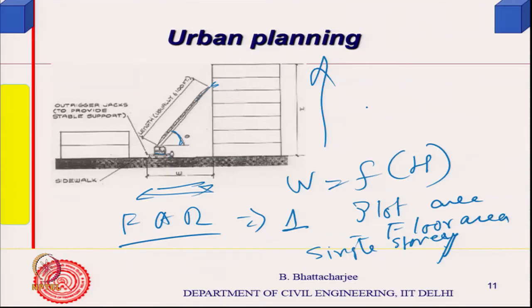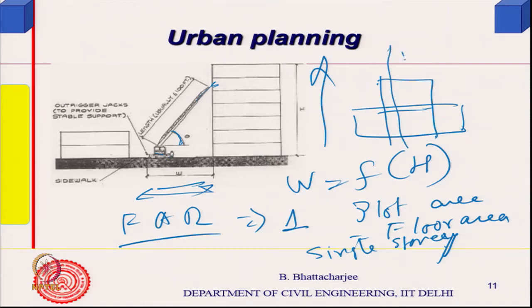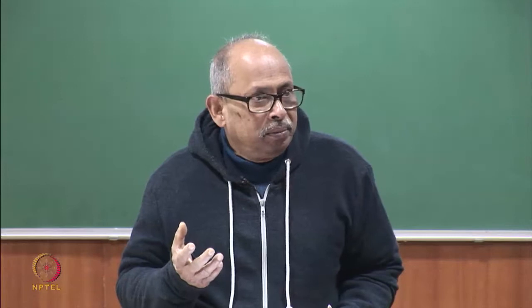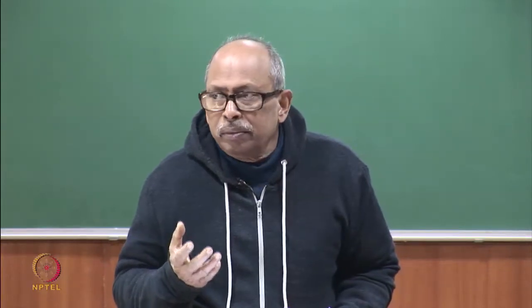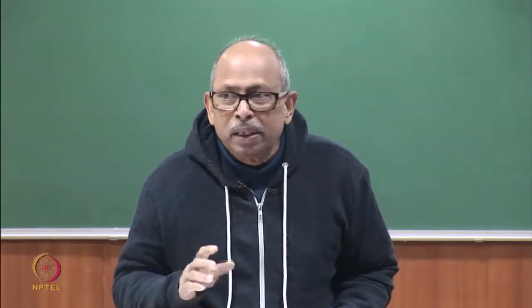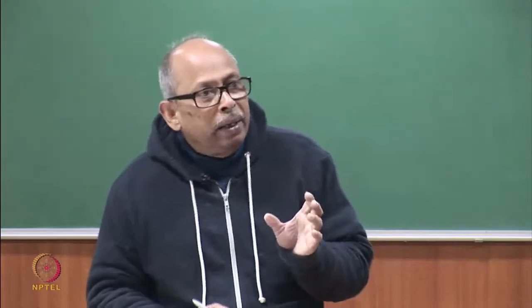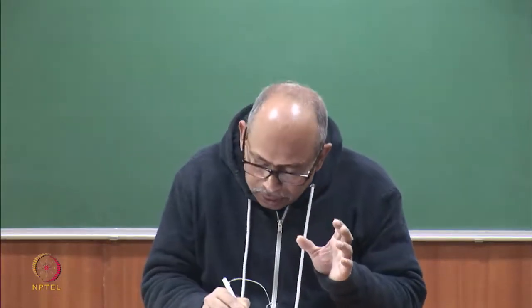So, the taller the building, 1 story it will be like this, 2 story it will be something like this, it will get reduced, 3 story it will get further reduced, because the floor area ratio is fixed at 1. So, by putting a restriction on floor area ratio, or floor space index, you can ensure that there is sufficient width.